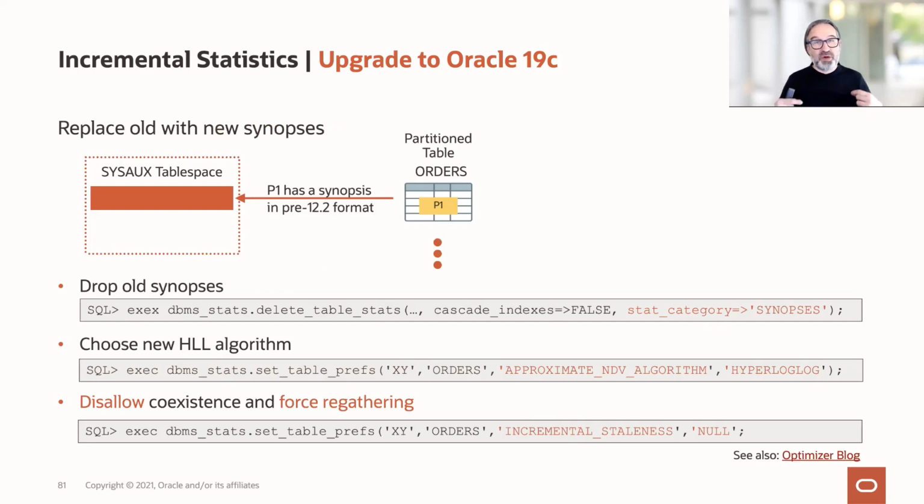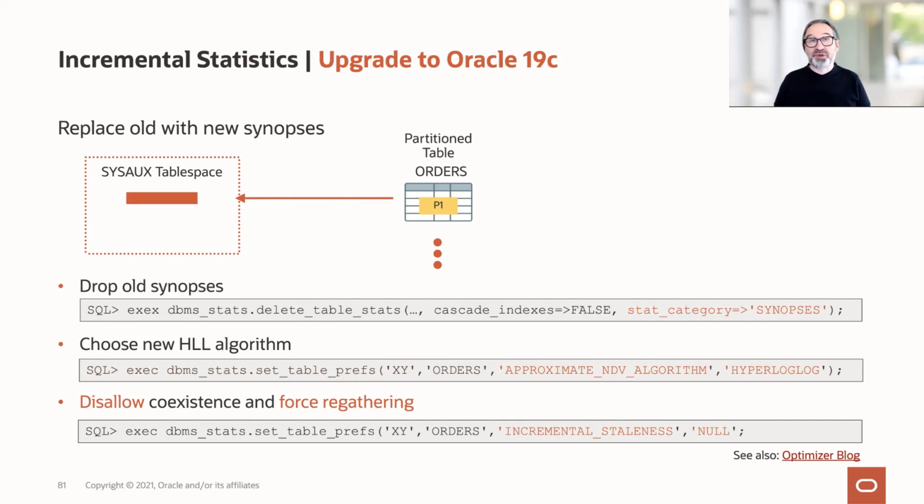So we want to replace the old with the new synopsis. In the middle of the slide, you see we have a partitioned table. The table is called orders. We have a partition, and the idea is that it has the old synopsis format. We upgrade, and then after the upgrade, we enforce the recreation of the synopsis.